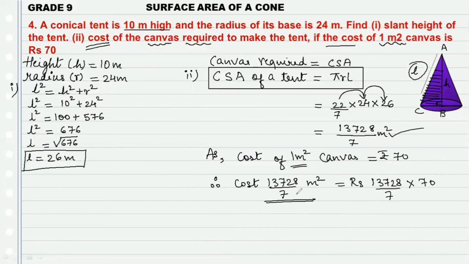Therefore, we are going to multiply this much canvas with 70 rupees. In short, you multiply CSA by 70, right? So 7 ones are 7, 7 tens are 70, and your final answer is rupees 13,728 multiplied by 10. Simple, just add one zero. That is 1,37,280 rupees will be needed to make this conical tent.